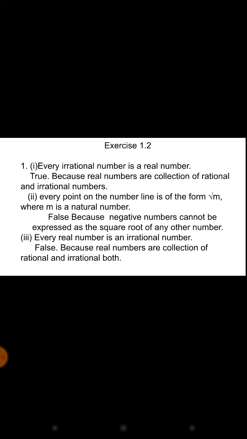But on the number line we see numbers are both negative and positive. So this statement is false because negative numbers cannot be expressed as the square root of a natural number. In the third part: every real number is an irrational number. That is also false. As we know, real numbers are the collection of both rational and irrational numbers. So this is a false statement.